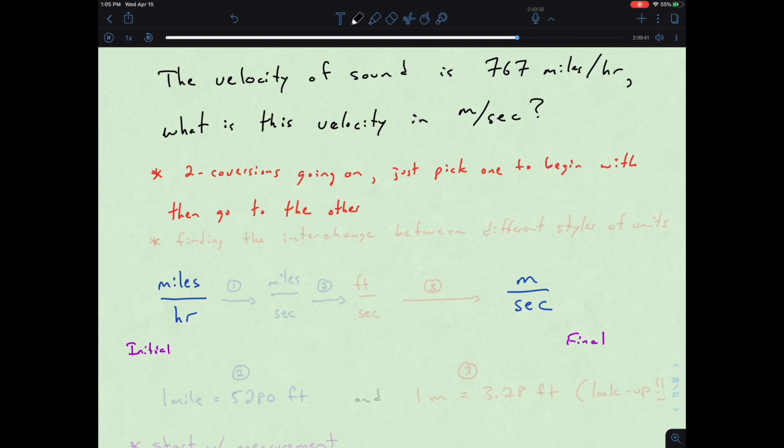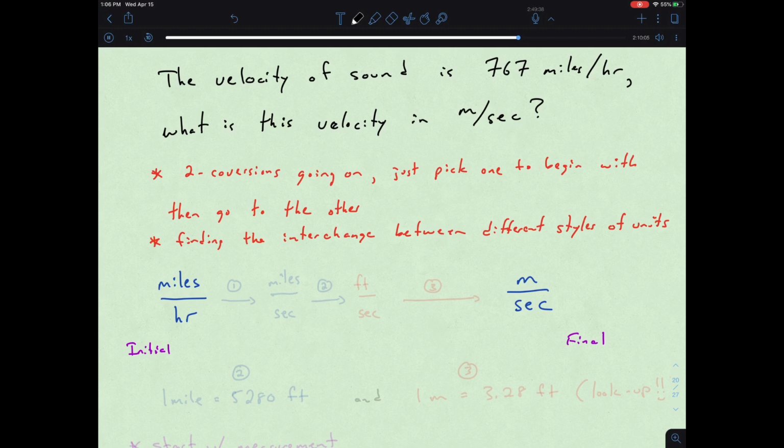So we also still have to do this notion of finding the interchange between different styles of units.